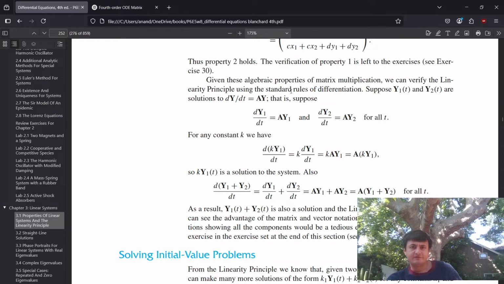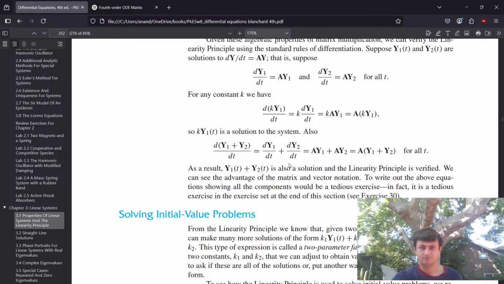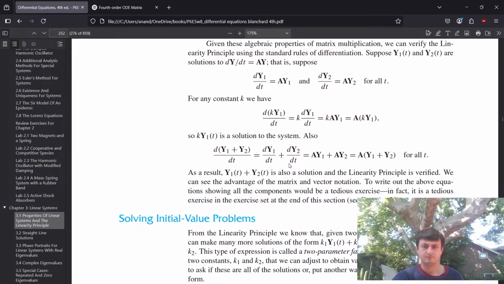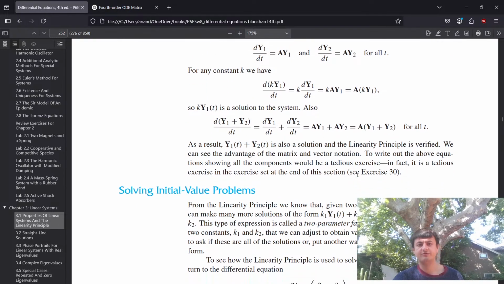All right, so you can verify using the standard rules of differentiation. Suppose that... okay, then they do a basic proof.